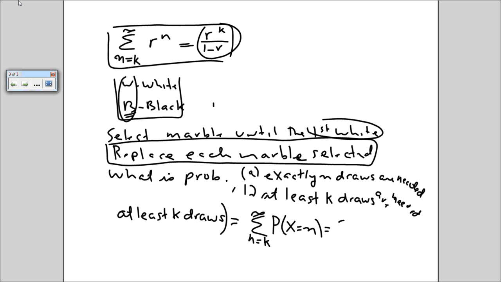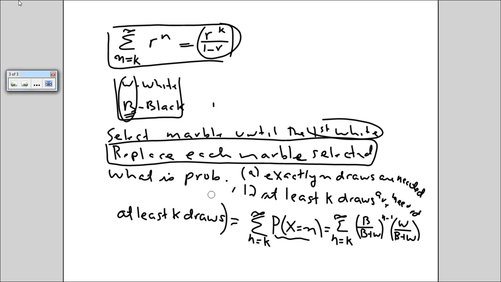Well, this is the summation as n goes from k to infinity of the probability that x is equal to n. Well, we just did that one. We have b over b plus w to the n minus 1 times w over b plus w. And this is the one to clean up.